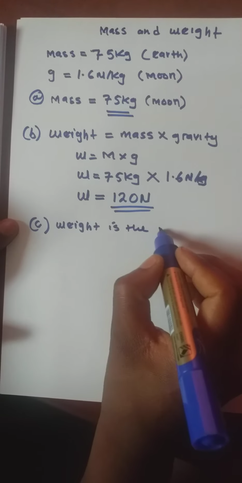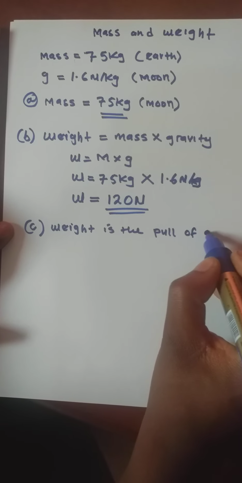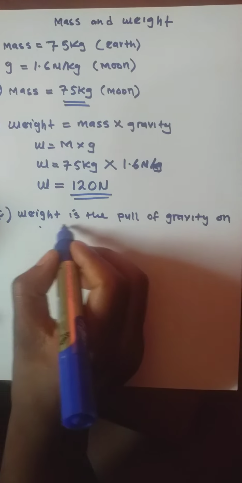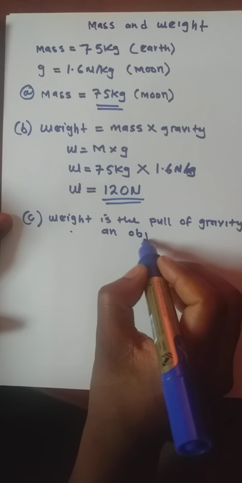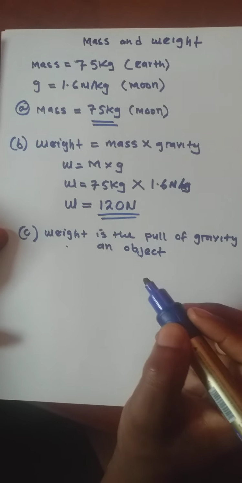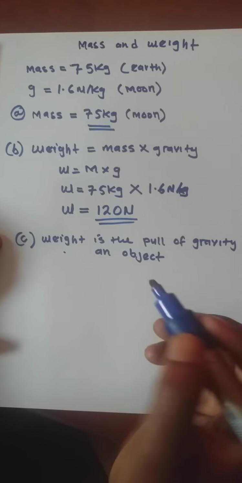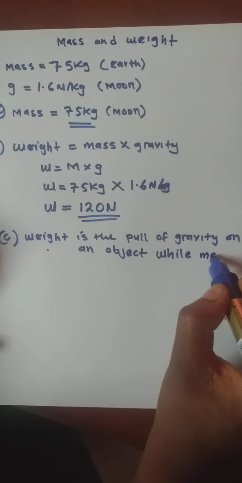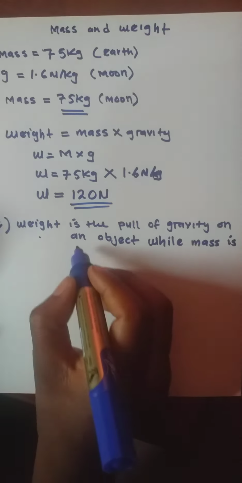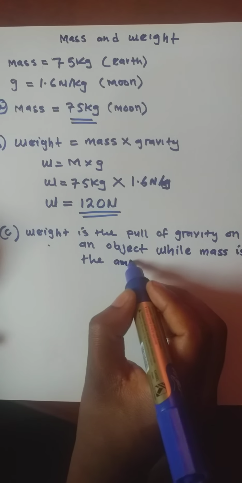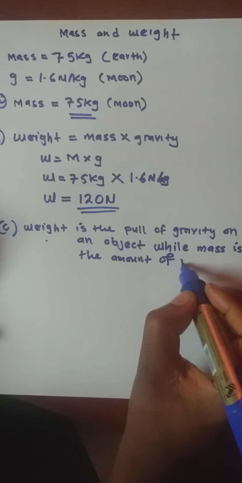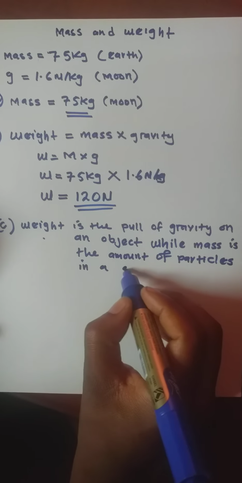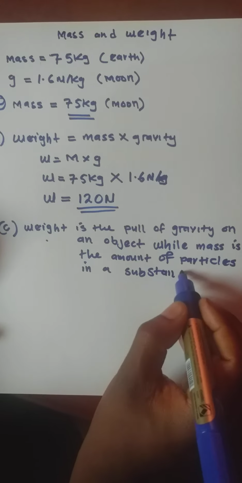Weight is the pull of gravity on an object, while mass is the amount of particles in a substance.